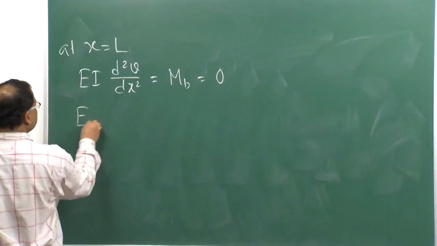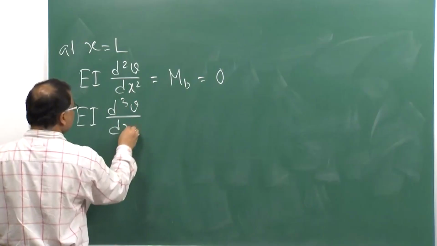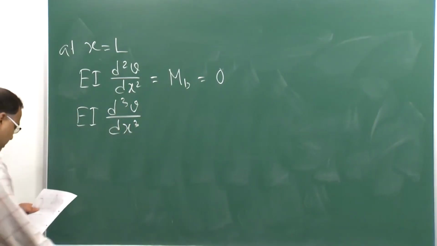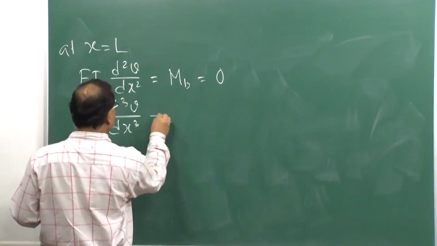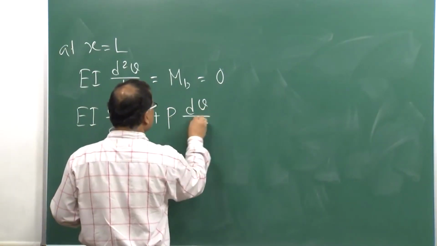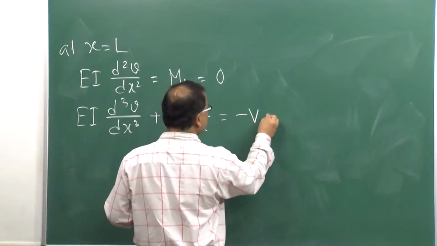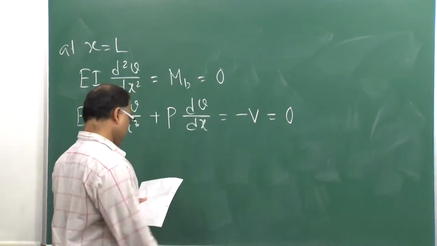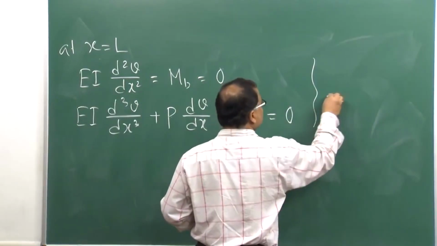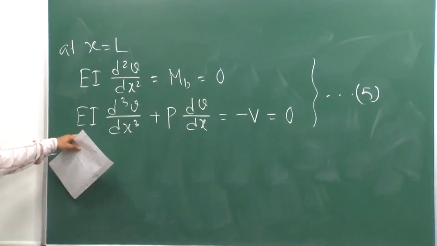So, EI d3v/dx3, that is the shear force, plus P dV/dx is equal to minus V, which is 0. So, this is equation 5. Already we have derived that.